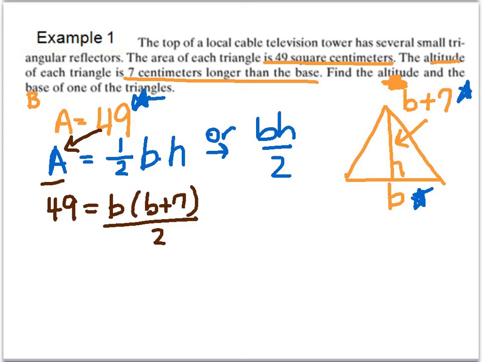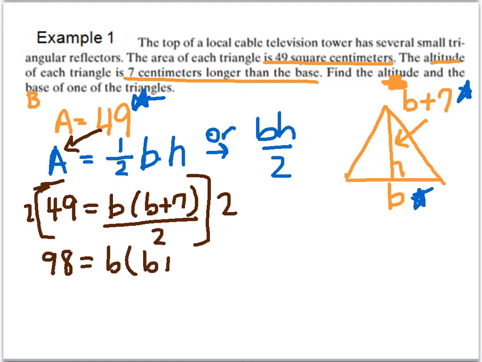Now all that's left for me to do is to solve this equation. To get rid of the 2, I'm going to multiply each side by 2. That gives me 98 equals B times B plus 7. Distribute the B and I get 98 equals B squared plus 7b.